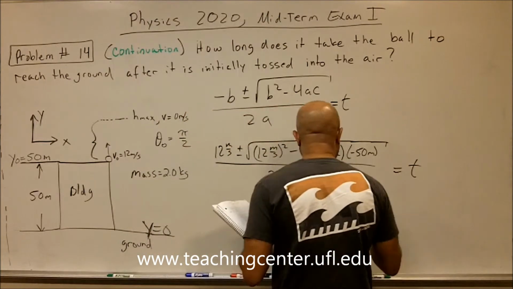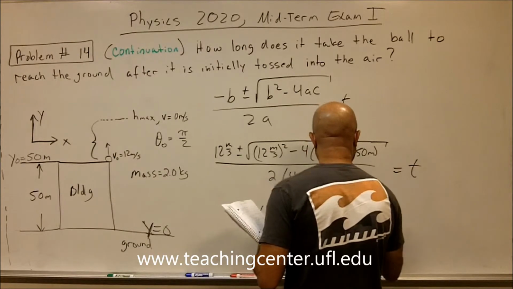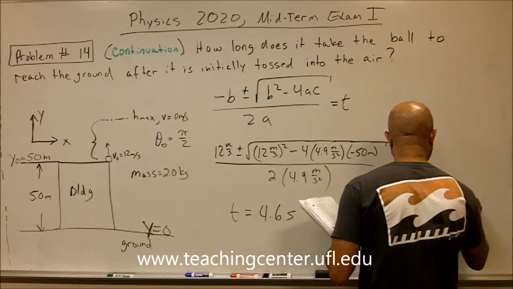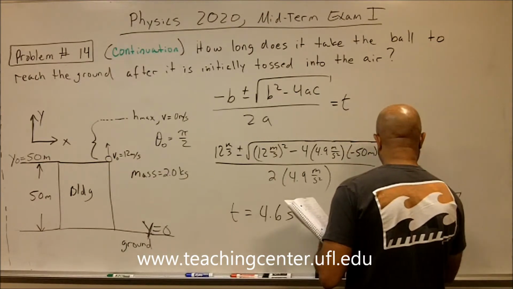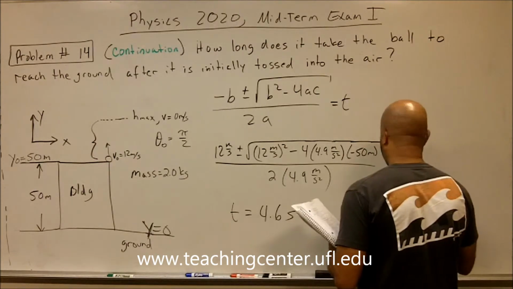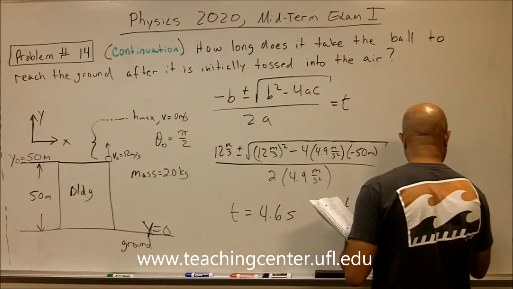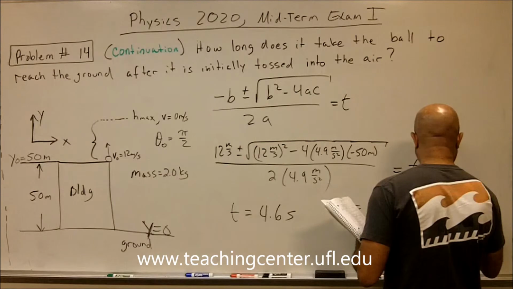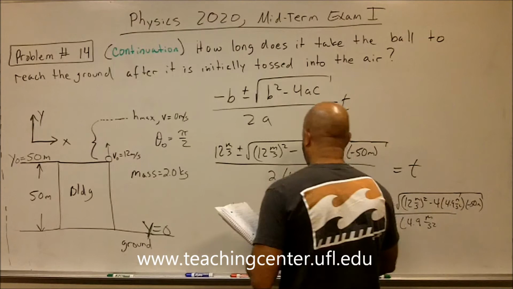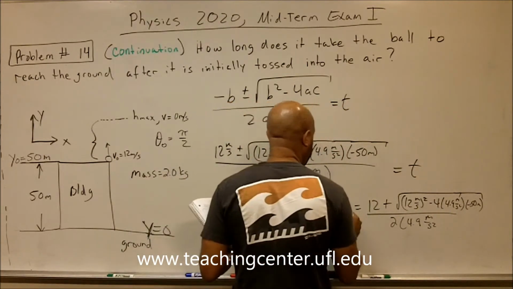So you get two t's, so t is equal to 12 plus this is one of the t's that you'll get.